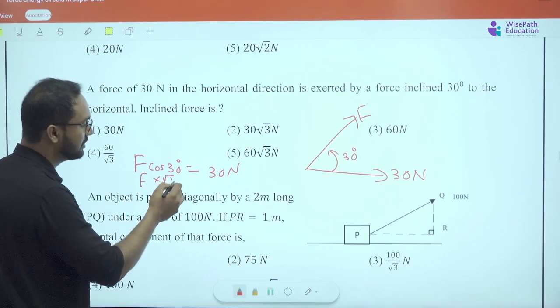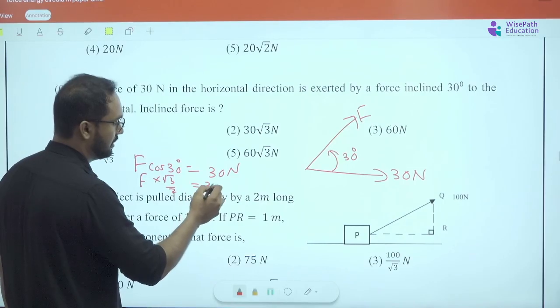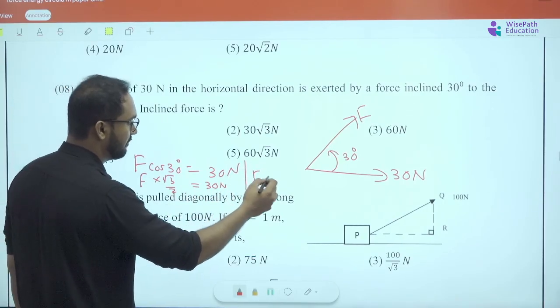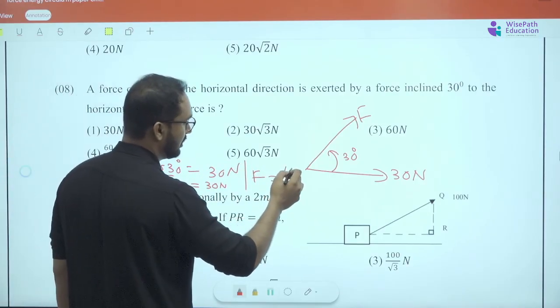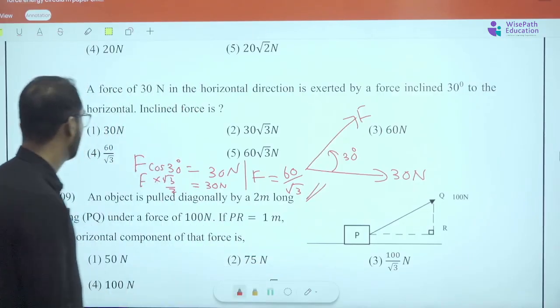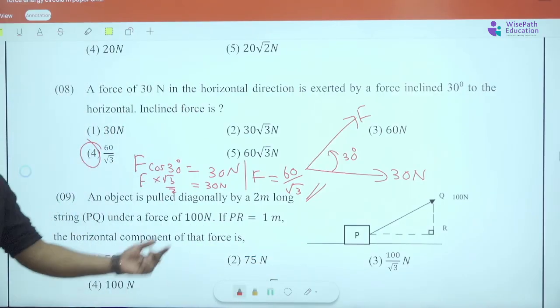Root 3 over 2. So root 3 over 2 times F equals 30 newtons. Cross multiply it and you get F equals 60 over root 3. Answer is 4. Understood it?